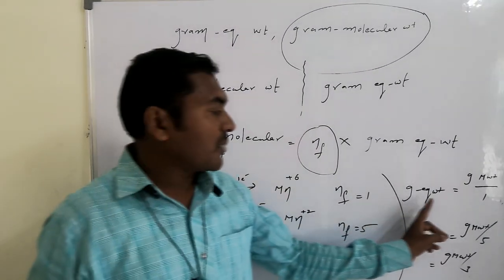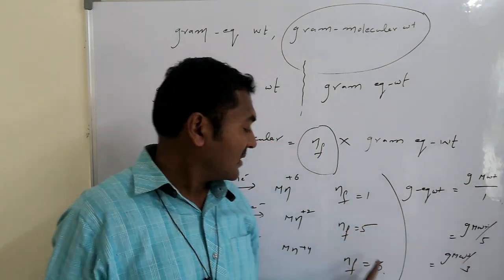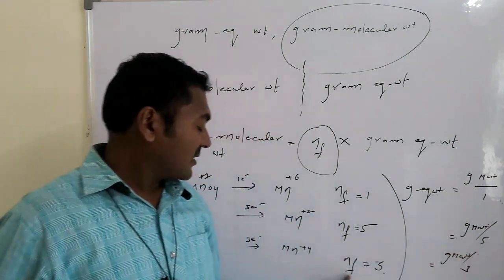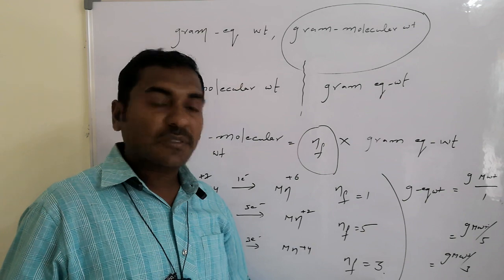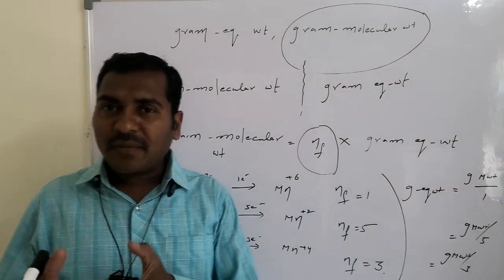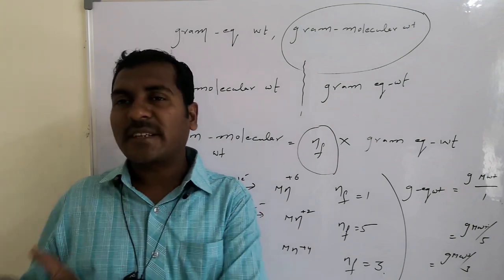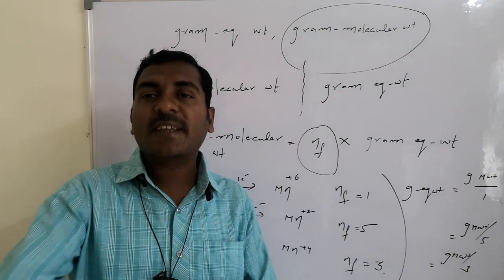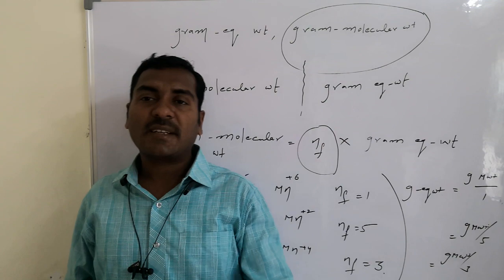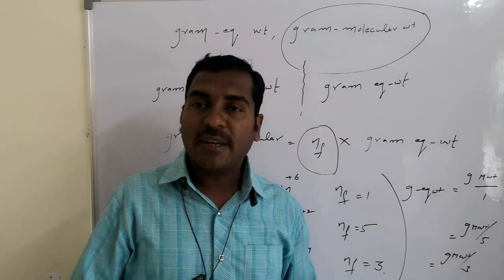Here once again, gram equivalent weight in the first case, as n factor is 1, is gram molecular weight by 1. In the second case, n factor is 5, hence gram molecular weight by 5. In the third case, n factor becomes equal to 3, hence gram molecular weight by 3. Here, equivalent weight for a particular substance never remains the same and constant in every instance, because if it has a chance to show many varieties of oxidation states, on behalf of the change in oxidation number, n factor changes.